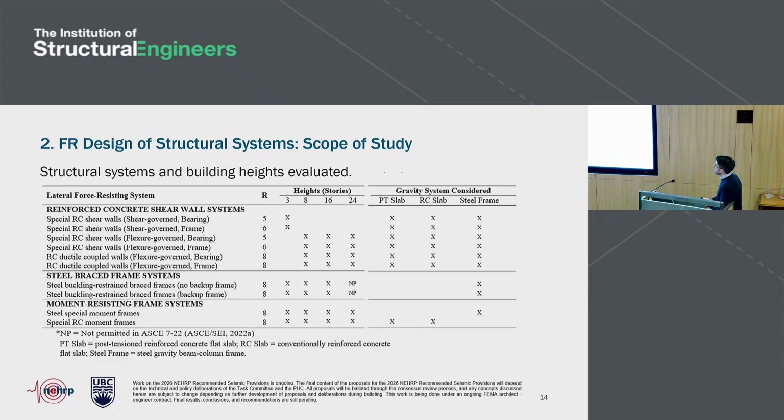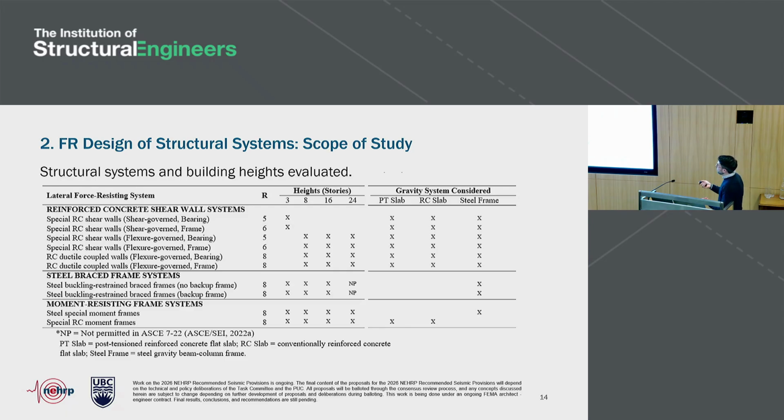You can see in this table that we have a range of reinforced concrete shear wall systems: cantilevered and coupled walls, shear governed, flexure governed, also bearing wall versus building frame systems. We also have a couple of steel brace frame systems here, in particular focusing on buckling restraint brace frames with and without moment connections, and also moment frames, looking at steel and concrete.